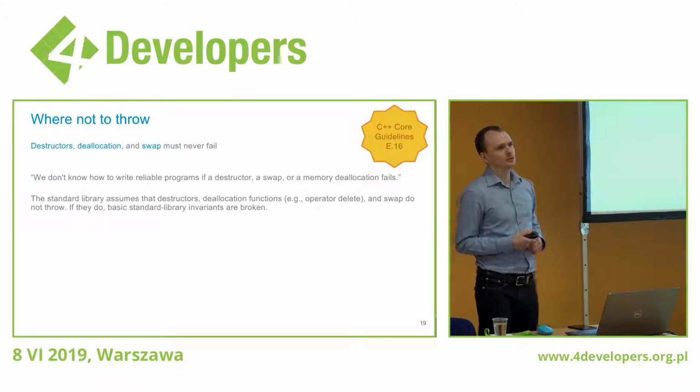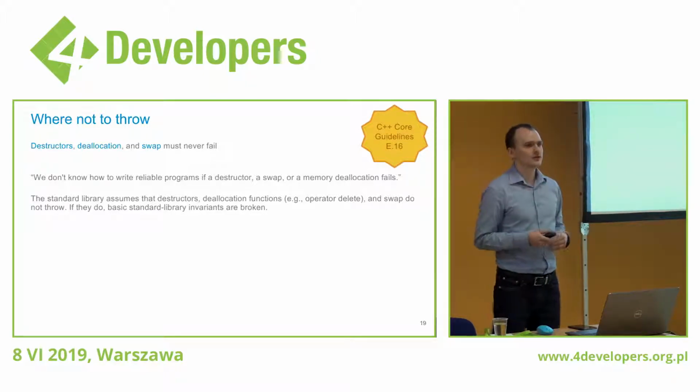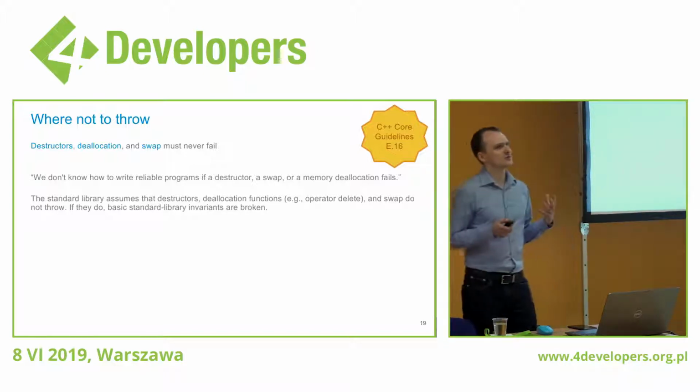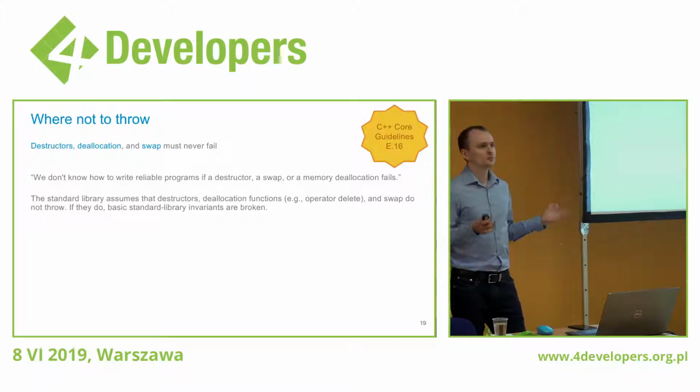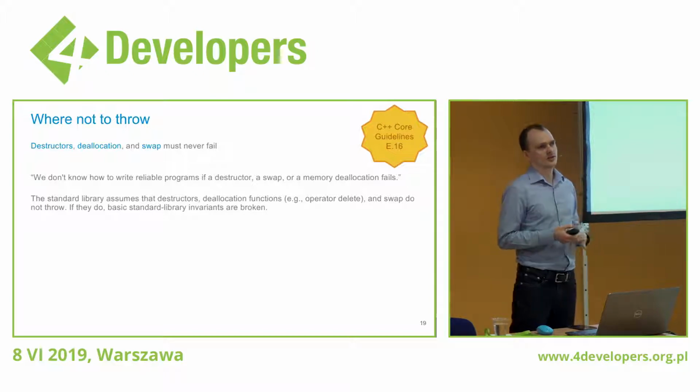So where not to throw? We already said that you cannot throw from destructors. You cannot throw from deallocation and swap also. And why is that? Because we don't know how to write programs where deallocation, destruction, or swap fails.